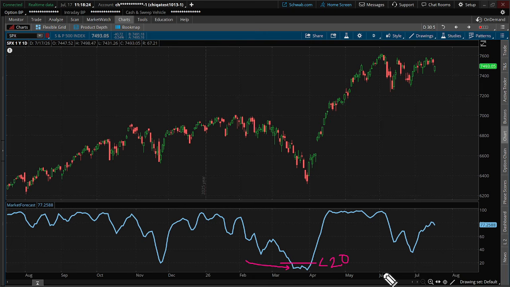It still says, hey, no indications from the market forecast to put on entries, for example, buy entries in the market, buying potential stocks, whatever. It doesn't show that, okay? It's saying avoid, basically.